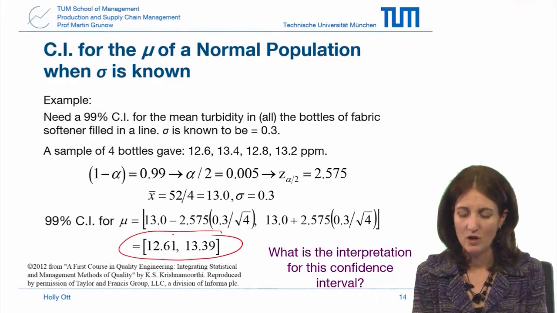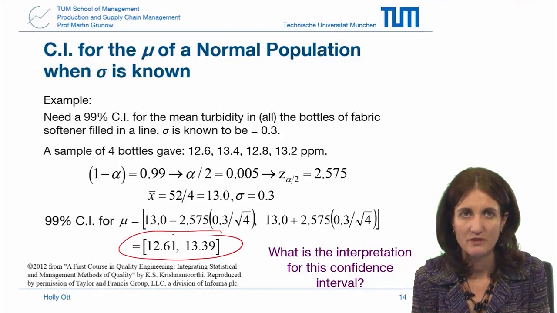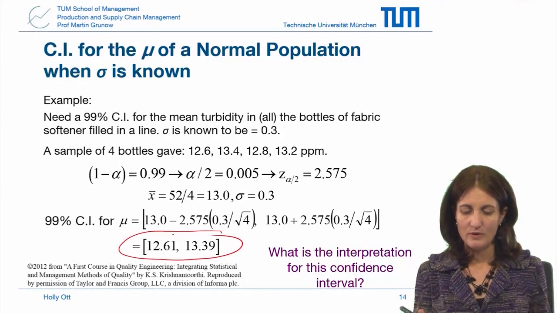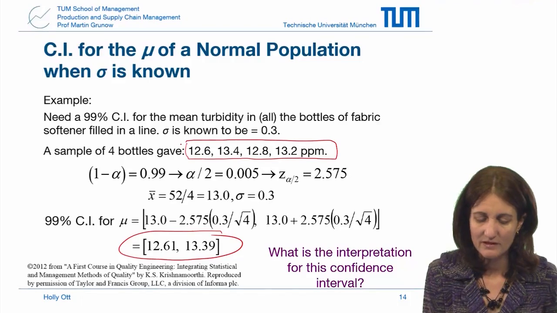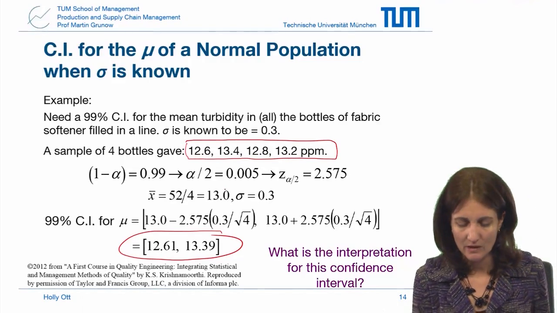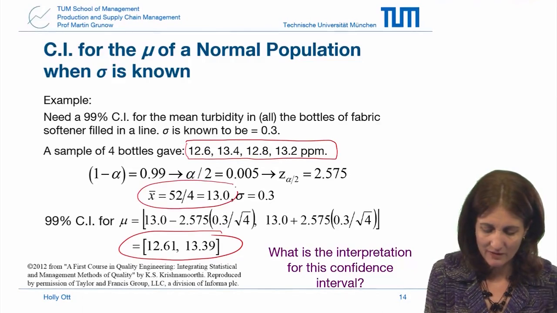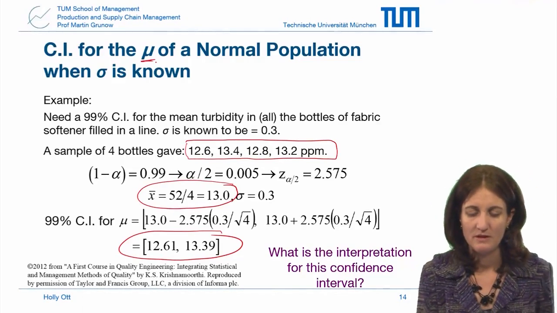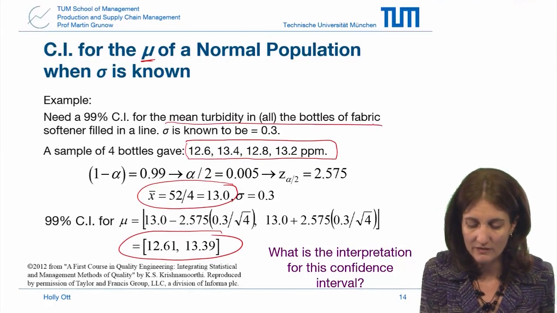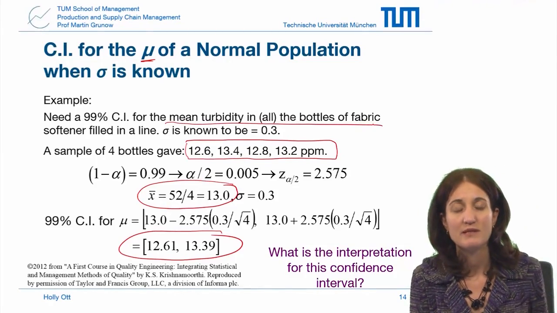So let's look again. What is the interpretation of this confidence interval? We have measured on one day different values of turbidity, and we have come up with an x bar value of 13. We are looking for the mean turbidity for all the bottles produced that day.